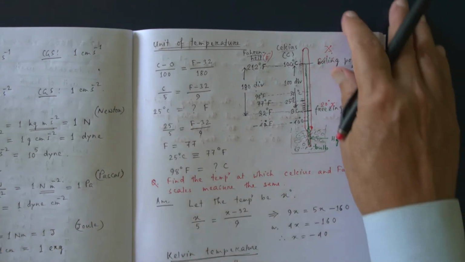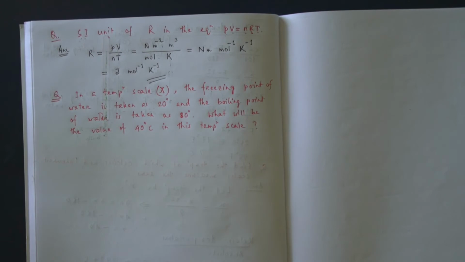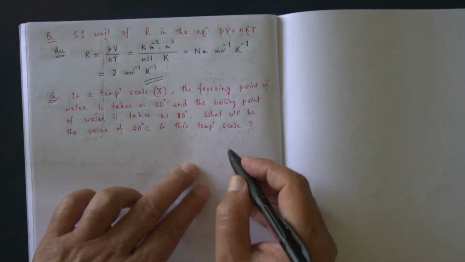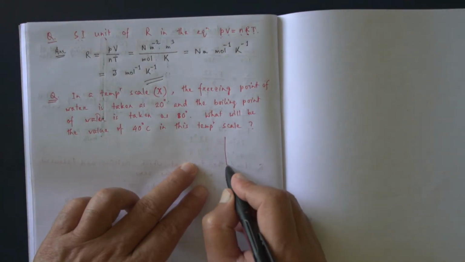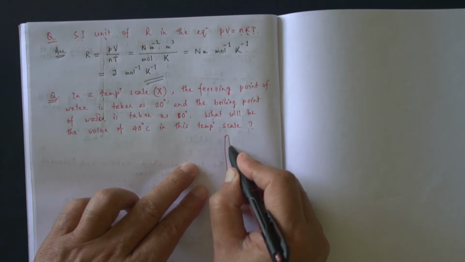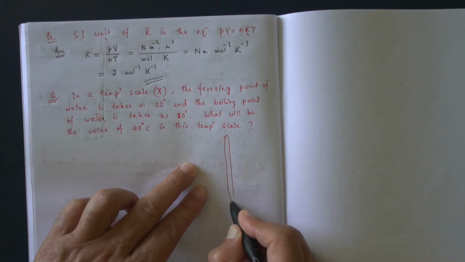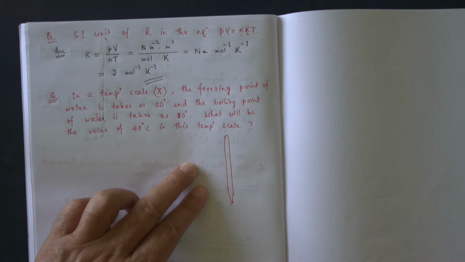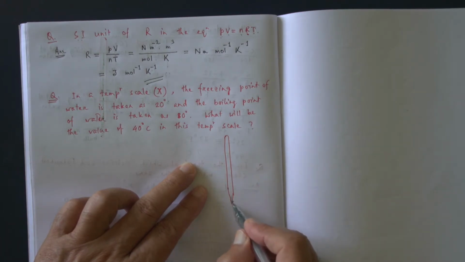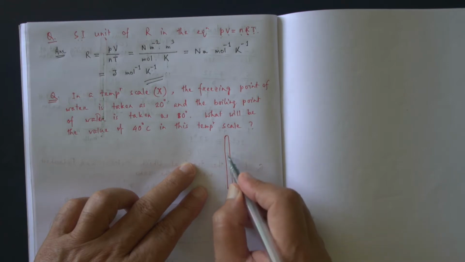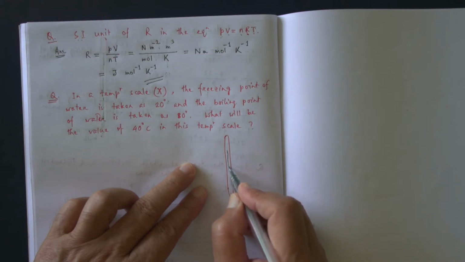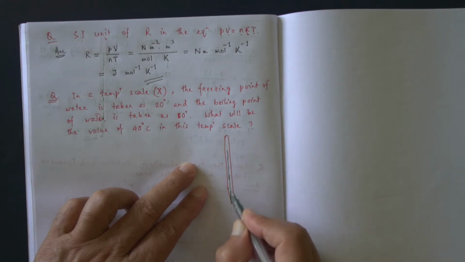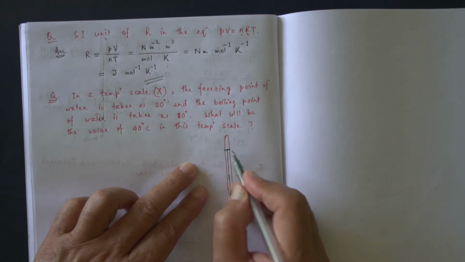Okay, let me show here. So this is the thermometer, okay, this is the thermometer, and this is mercury, this is the bulb, okay, this is the mercury, okay, and boiling point, this is the boiling point of water.